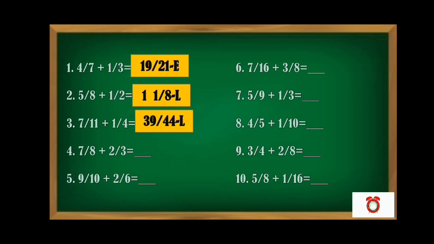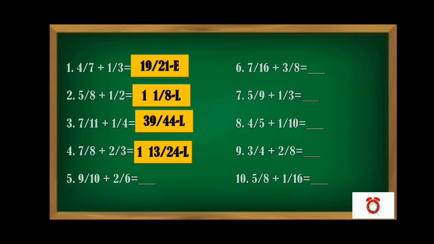Alright, the answer is 39/44, which is letter L. And for number 4, 7/8 plus 2/3 equals. Okay, the correct answer is 1 and 13/24, which is also letter L.